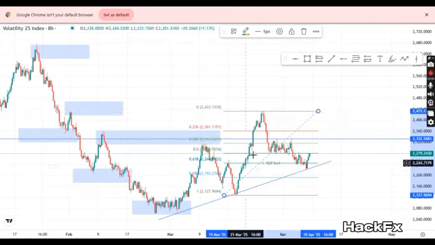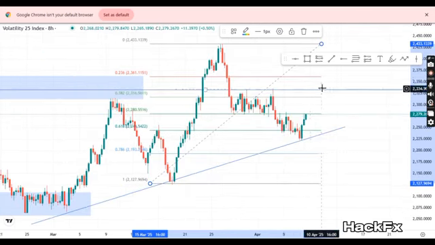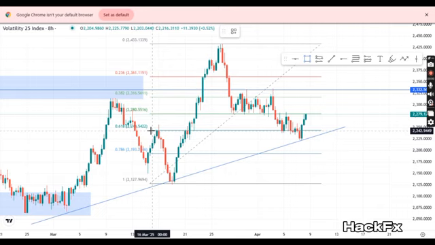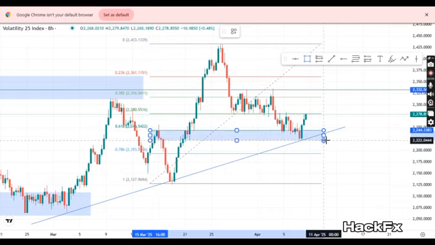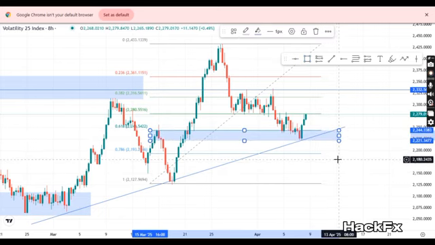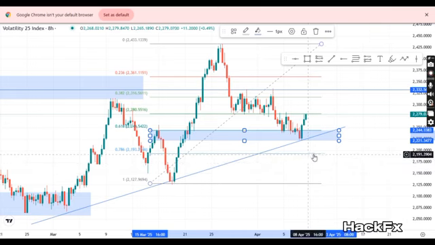Now this price reversed to 61.8, and 61.8 was where it touched the trend line. You see, so this is 61.8. This is a zone, and this is a zone, a valid zone. You see, so this touch is valid, very much valid.